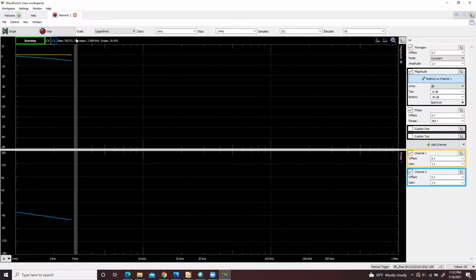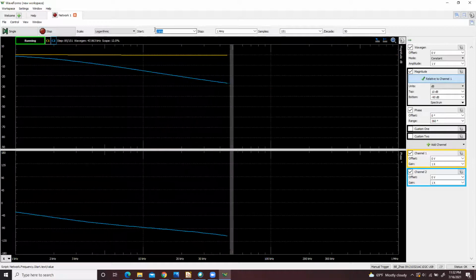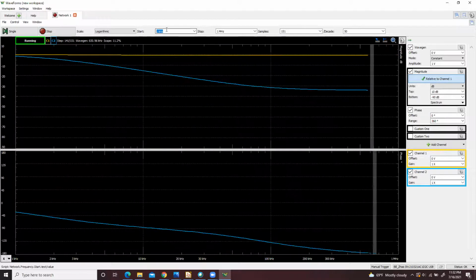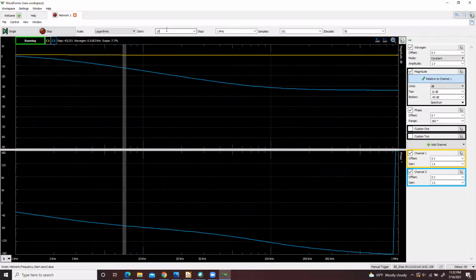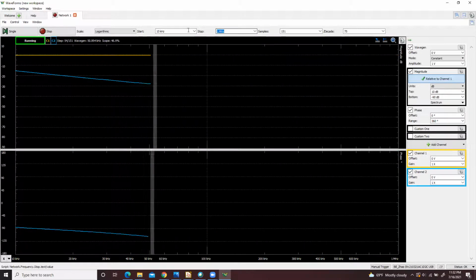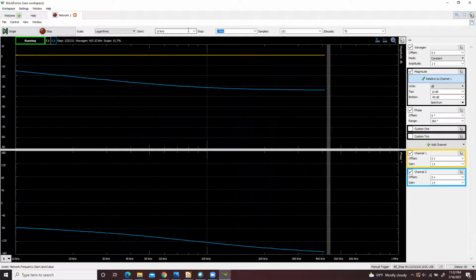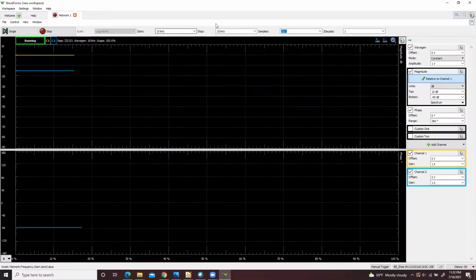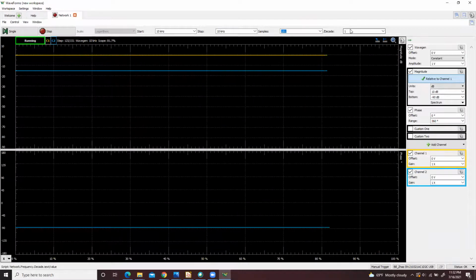Okay. So in here, you can set the sweep frequency. For example, I want to start from 10 Hertz and end at, let's say, 10 kHz. And then here, I can set how many points I want for each decade.